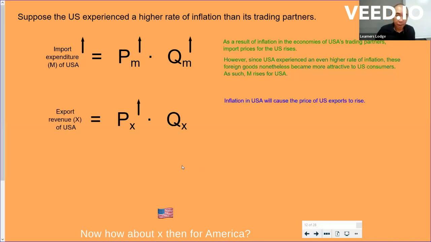Now, how about X for America? Since America was facing inflation as well, prices of American goods become more expensive. Whatever the American economy was exporting to the trading partners is also becoming more expensive for the foreigners. Remember, we are assuming ceteris paribus, so the exchange rate between the 2 countries should not have changed.